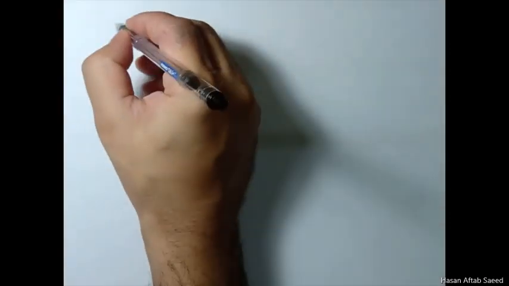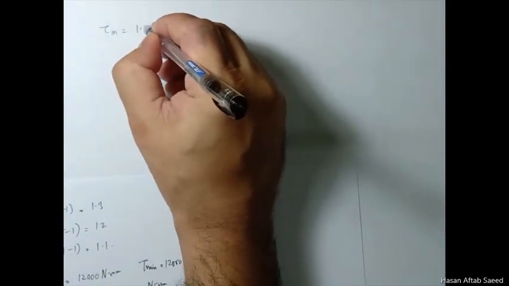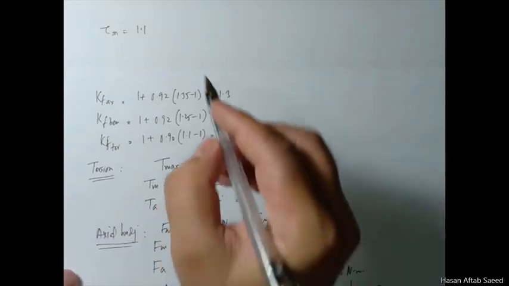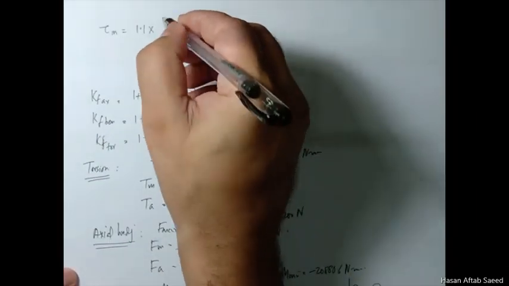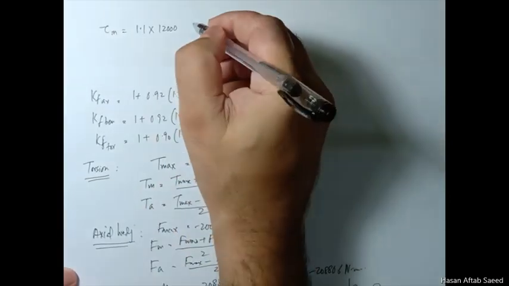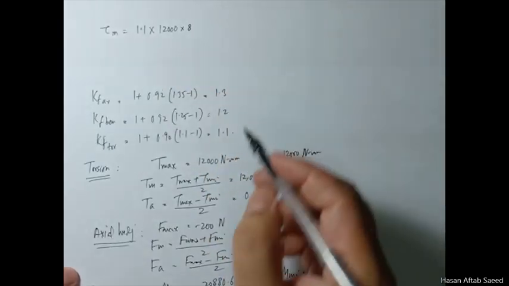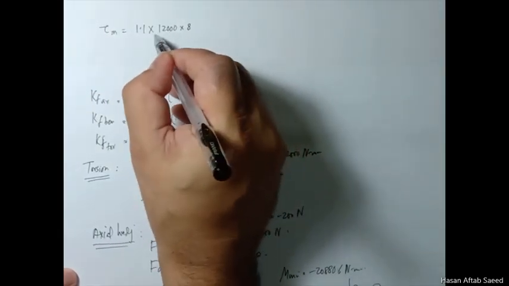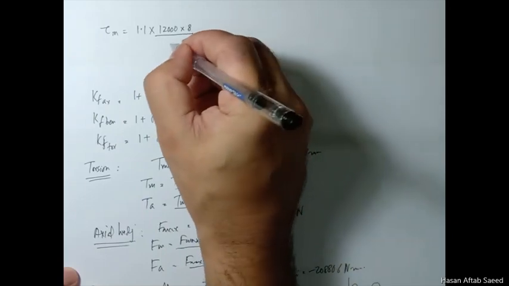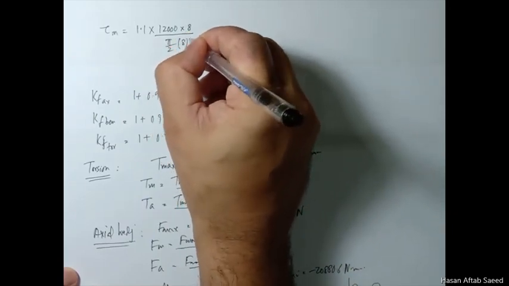So for torsion, this 1.1 is the Kf for torsion, into 12,000 Tm, into 8, this is the radius, this is the torsion formula I am applying, over the value of J, which is pi by 2 times 8 to the power 4.